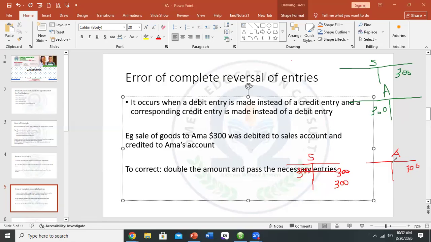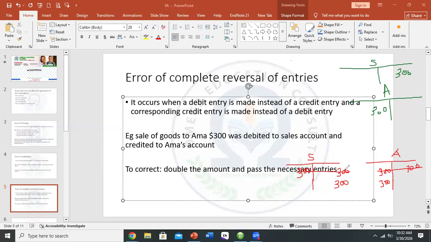Likewise, in Amma's account, you put 300 here to first cancel it, and then you put the right 300 there. So if you look at this account technically, what we are having is 300 at sales and 300 at what? Amma, at the right side compared to the correct.